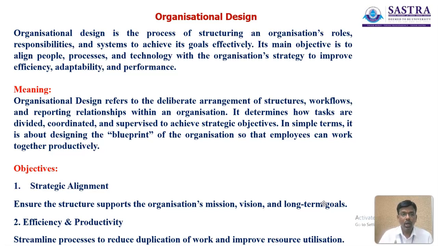Again, I'm telling you, align the people, process, technology with the organization's topmost strategy. It will land up in achieving efficiency, adaptability, and performance kind of key indicators. It is a sequence of arrangements of structures, workflows, and reporting relationships within an organization, friends.